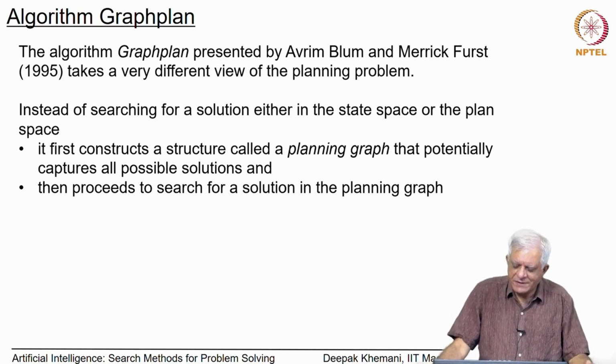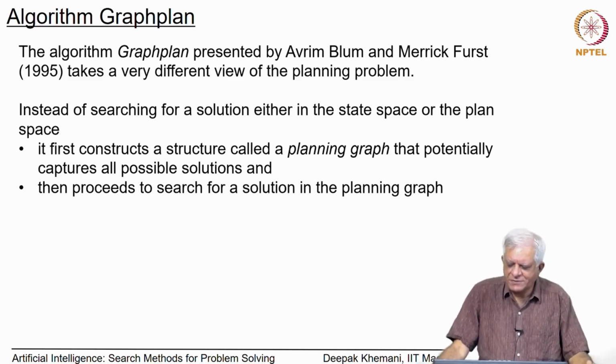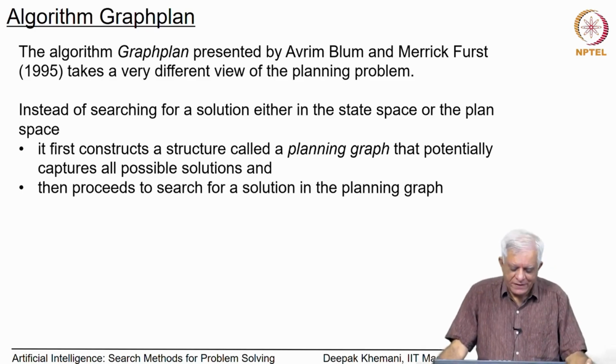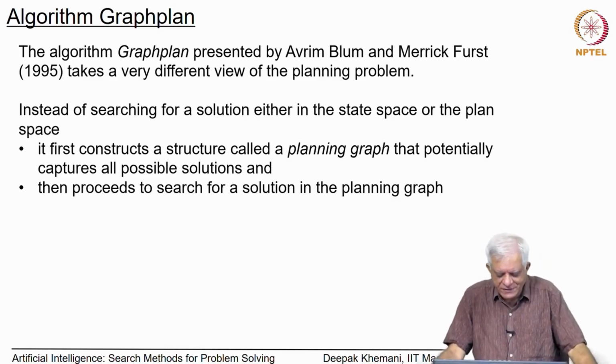It does so incrementally, and at certain stages when there is a possibility that a plan might have been found, it stops constructing the planning graph and starts the plan extraction process or the search process within the planning graph, and we will see this as we go along.